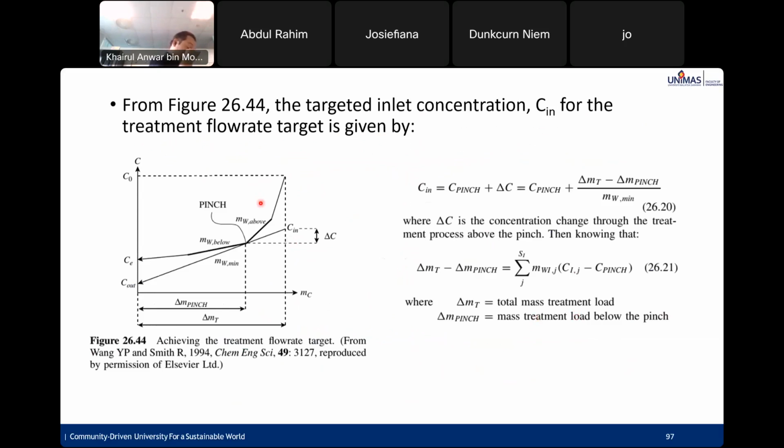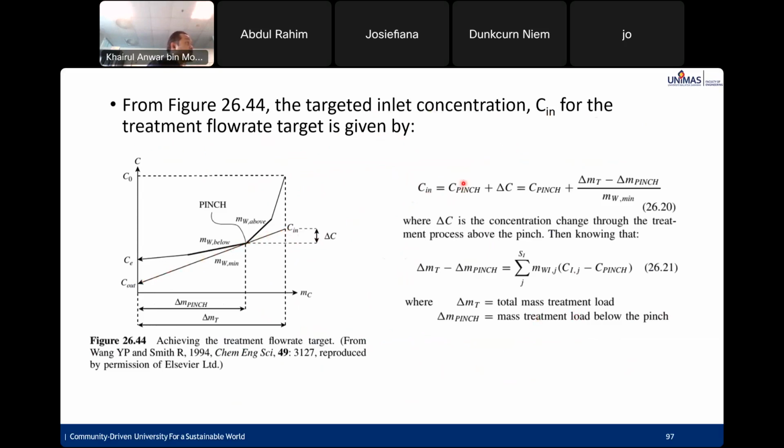So from figure 26.44, the targeted inlet concentration C in for the treatment flow rate target is given by, so C in is referred to here, which is the water supply line.